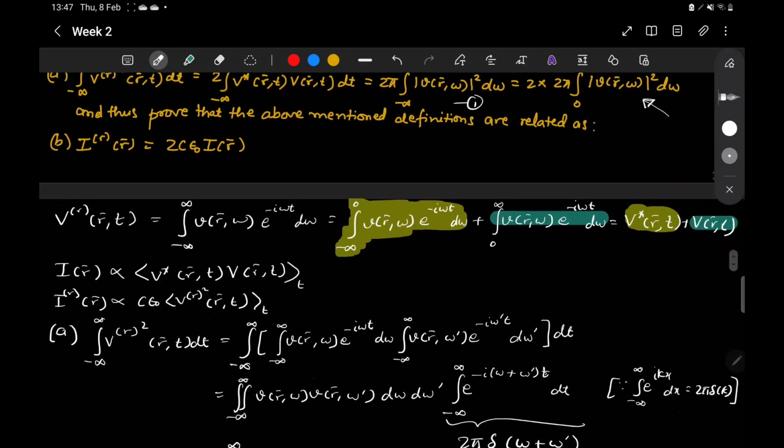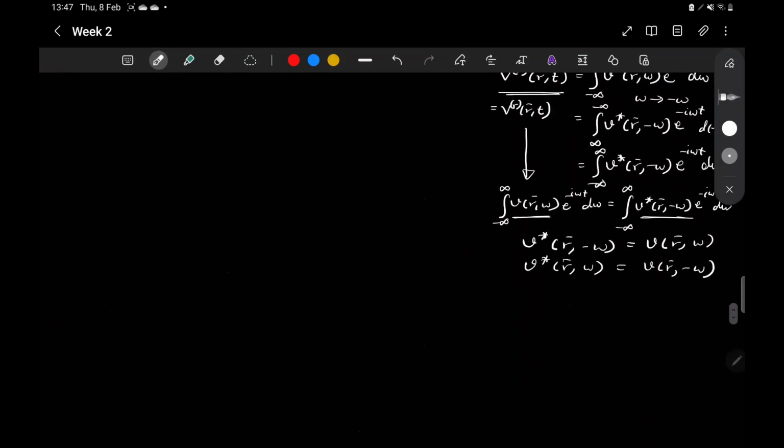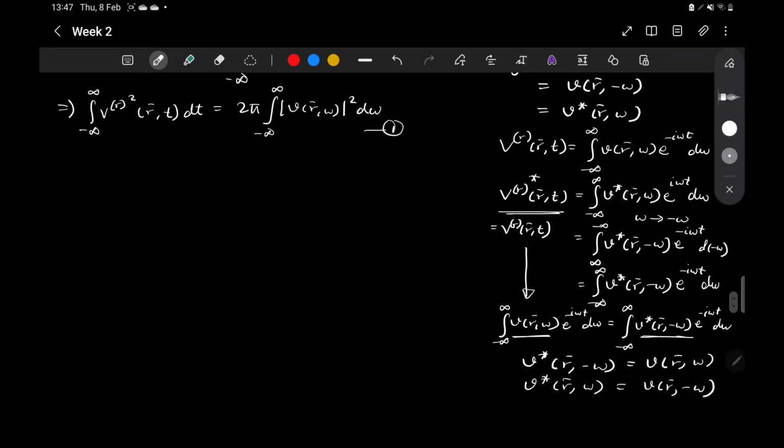Now let us look at this term over here. So let us look at this term.